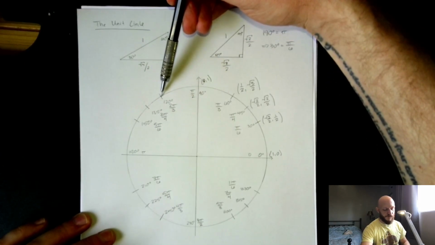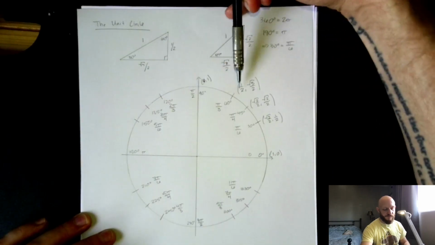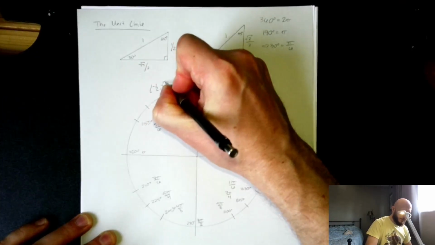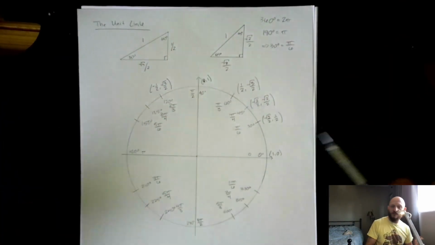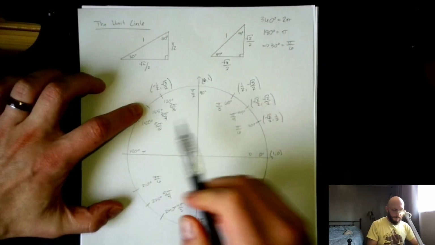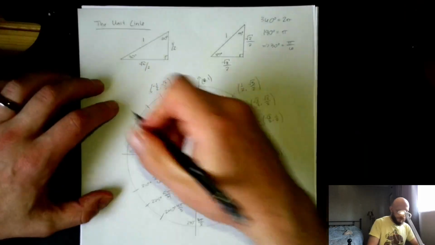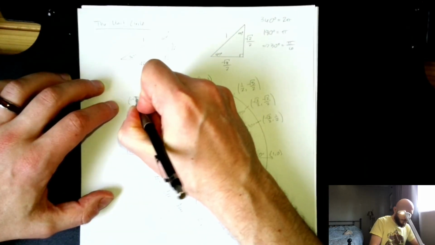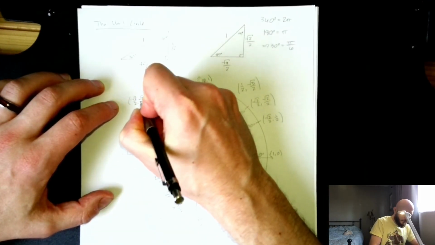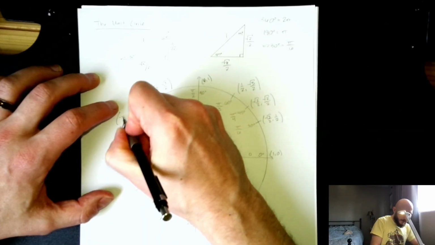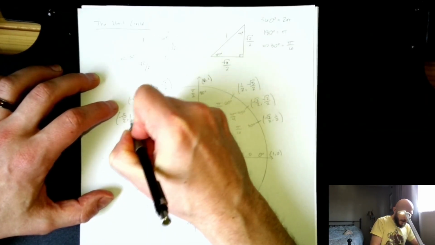Over here, this x coordinate would be negative, the y coordinate is positive, so it must be negative 1/2 comma root 3 over 2. And it's going to be the same thing here. This 135 degrees is mirrored from 45 degrees. The x-coordinate is negative. Negative root 2 over 2, comma, root 2 over 2. And then here, negative root 3 over 2, comma, 1/2.